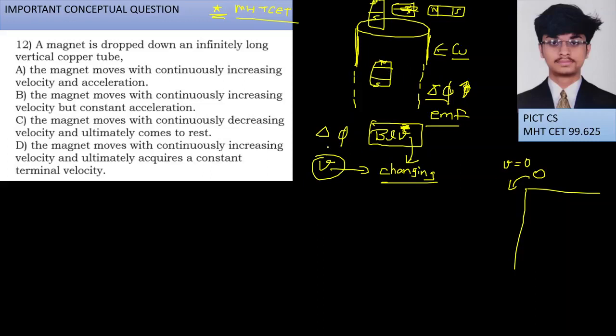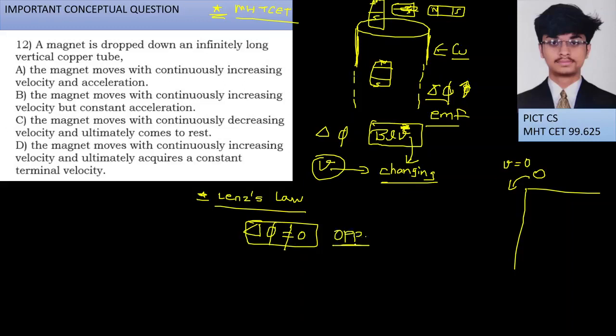As the EMF is induced, again an important concept, like I told in the previous question, Lenz's law. What it wants is there should be no change in flux, and if there is a change in flux, opposition will take place in many forms. This time eddy currents may get induced.